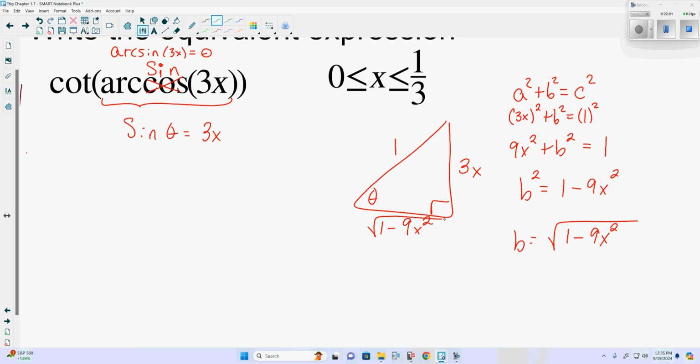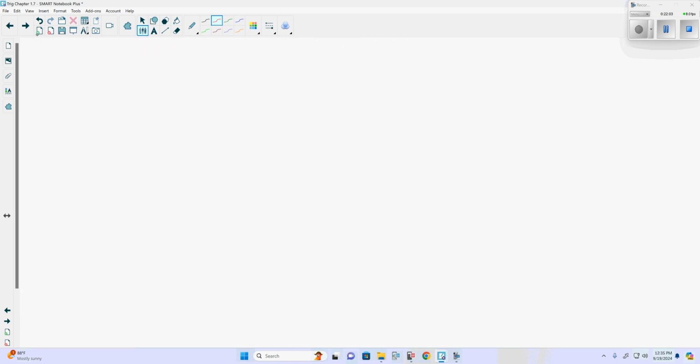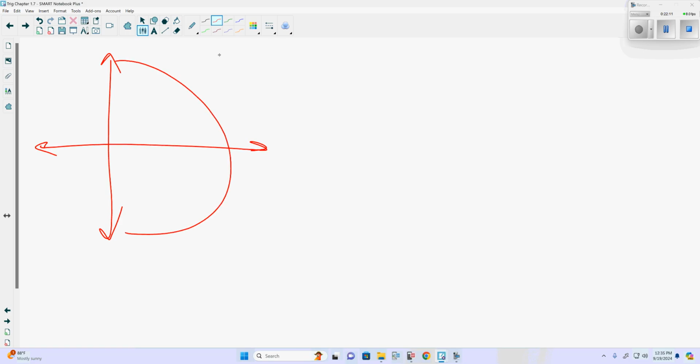We normally have the plus or minus. But again, I'm going to come back to this here. Sine inverse is true in the first and fourth. We have to be between negative pi over 2 and pi over 2 for our angle.